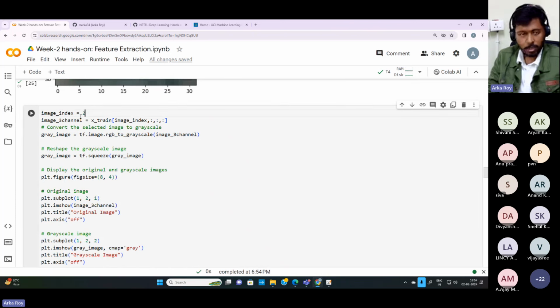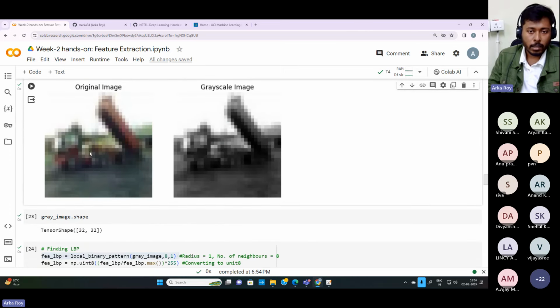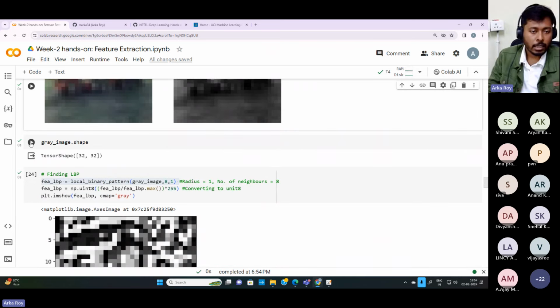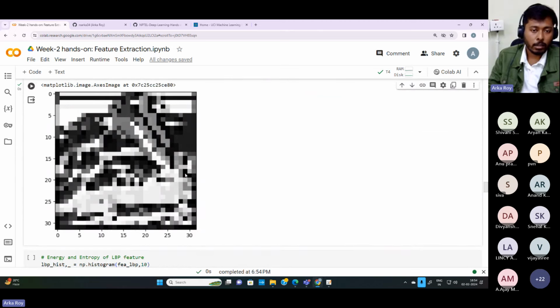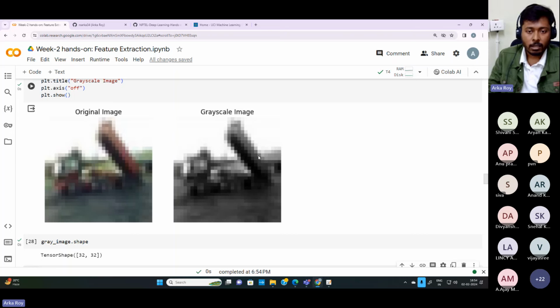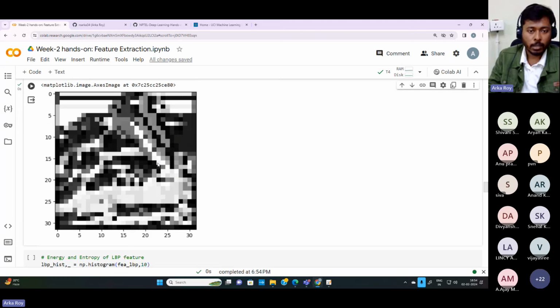Over here we are converting this image to grayscale, and this is the shape of the grayscale image, again 32 by 32, and this is the local binary pattern. Here you can see this particular part is highlighted. In this way you can visualize the data.